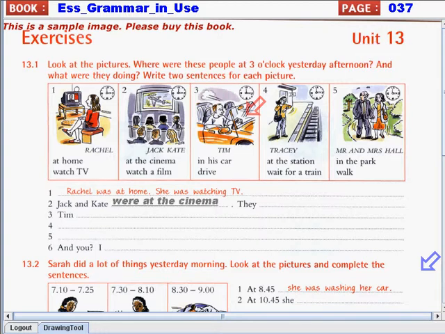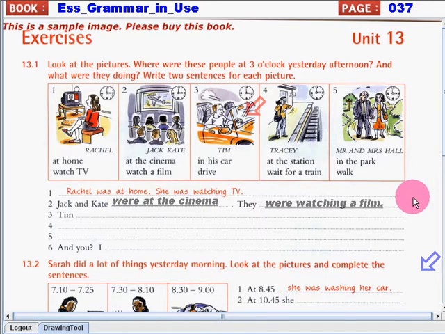Of course, our first sentence is Jack and Kate were at the cinema, because the first question is about place, asking where are the people. Okay? How about our next sentence? What were they doing during that time? Okay, so Jack and Kate, they were watching a film at 3 o'clock yesterday afternoon.